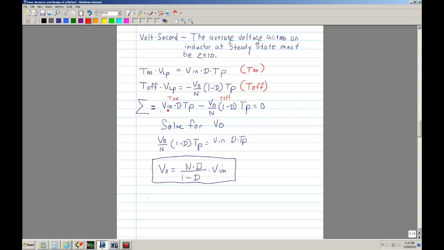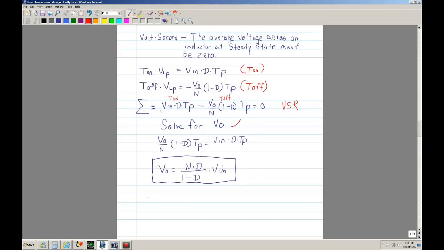So basically T on minus T off is equal to 0. So this is the volt-second rule. Basically we're summing them and they all have to sum up to 0.